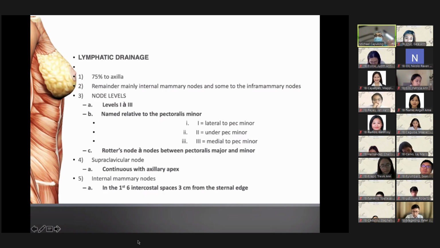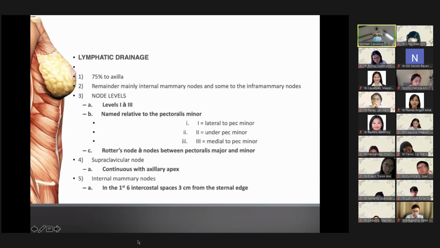And level 3 nodes are lymph nodes seen medial to your pectoralis minor muscle. There are times wherein you can also appreciate lymph nodes in between your pectoralis major and minor muscles. So we call these Rotter's nodes, and these nodes are seen in between your pectoralis major and your pectoralis minor muscle.